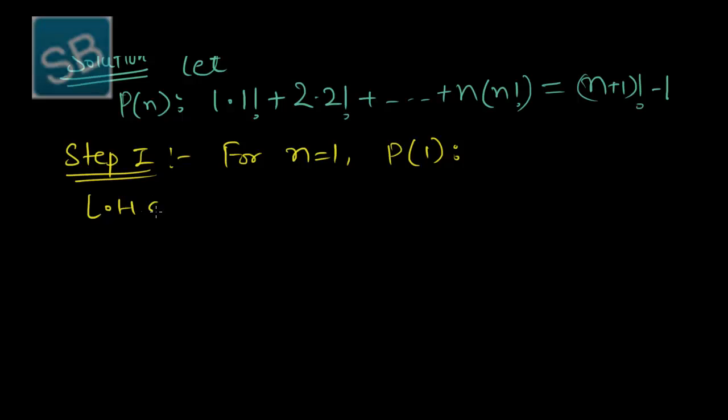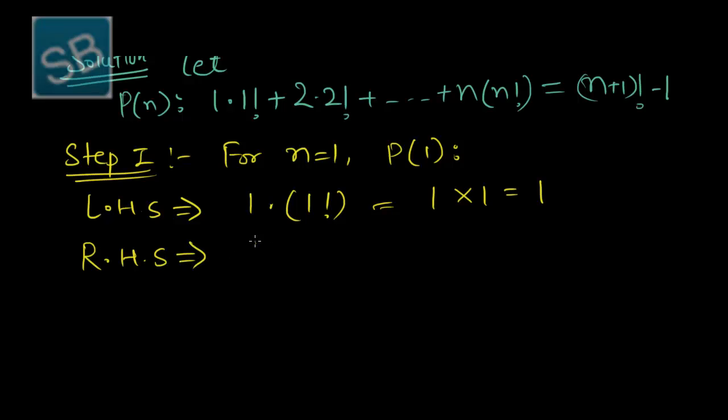By taking the left hand side, replacing n by 1, we get 1 into 1 factorial. 1 factorial means 1, that is 1. Product of 1 and 1 is 1. So now we are going to solve the right hand side.